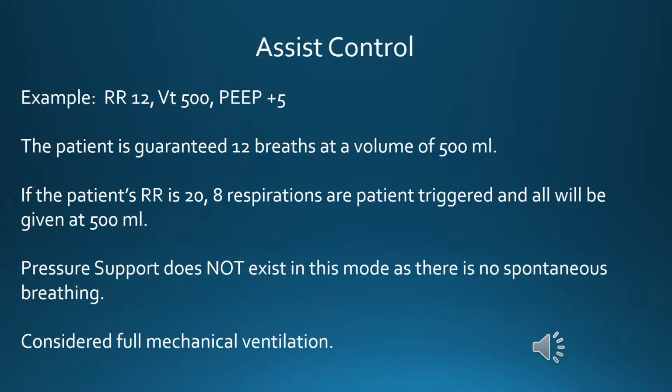If the patient's actual respiratory rate is 20, that means the additional 8 respirations are patient triggered and all will be given at 500 milliliters. Pressure support does not exist in this mode because there is no spontaneous breathing. There's spontaneous trigger, but no actual spontaneous respirations in between the preset volume.